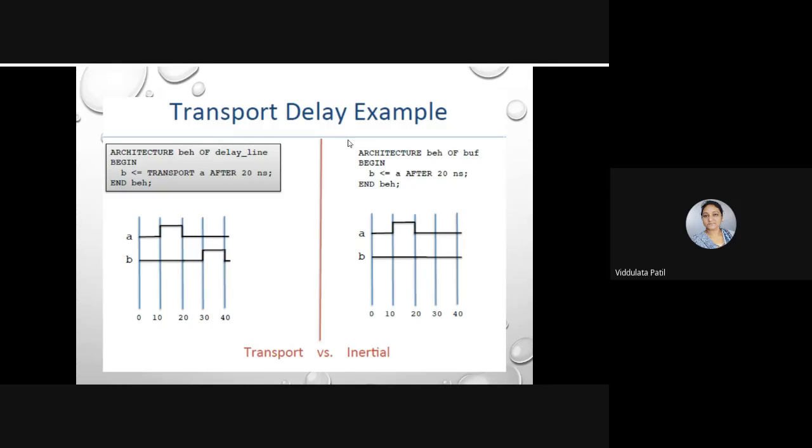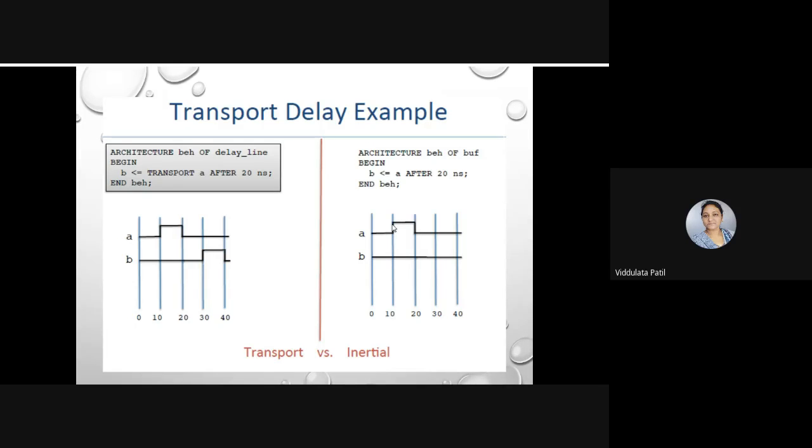If we have another statement, B is assigned to A after 20 nanoseconds. Now here this transport word is not present, so it will be considered as an inertial delay. For the same input you will not get the same result, because inertial delay is introduced because of the devices.